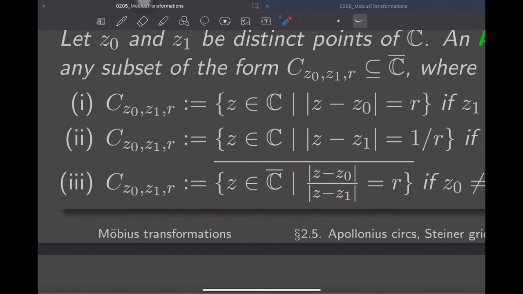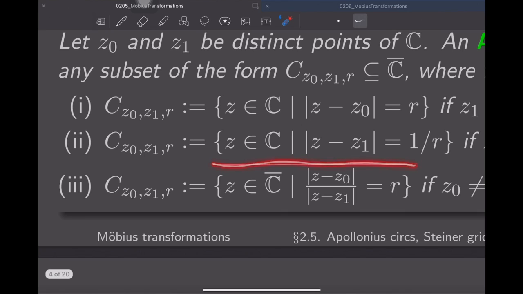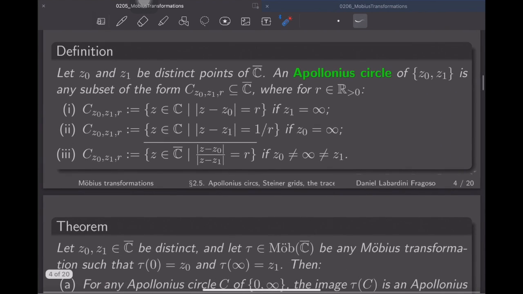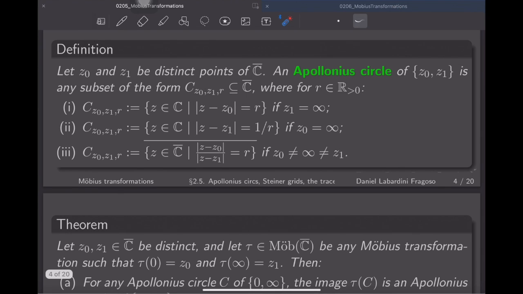And what I do with this topological closure, in that very special case, is just adjoin the point at infinity. So this topological closure is really needed only in the specific case where R is 1, and it's just so that I indeed have a circle in C bar, because I put infinity in the set. Otherwise, if R is different from 1, this set is already closed.